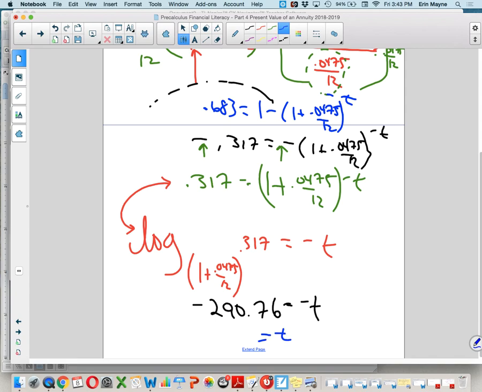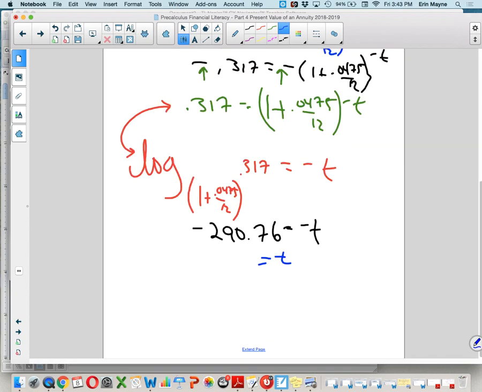And then it becomes important to recognize the actual question itself. The question said, if you paid $1,000 per month, how long would it take to pay it back? So this gives you 290.76 as a total number of payments. We've also referenced that as N. And the key is this, that the 290th payment won't cut it. So typically what we'll say is that it is one of two options.